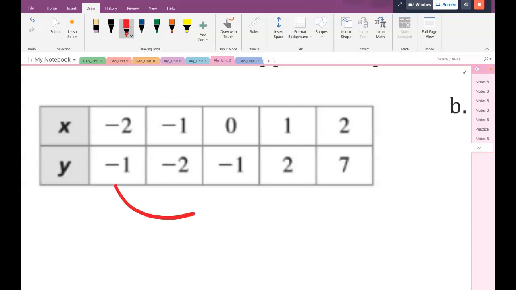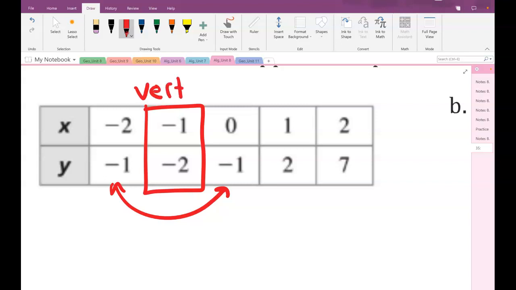Where here and here we have points mirrored around our vertex. We do the same thing. If you didn't see that mirroring, you could draw a graph of this, and you could see that it makes our U parabola shape. So it's a quadratic.